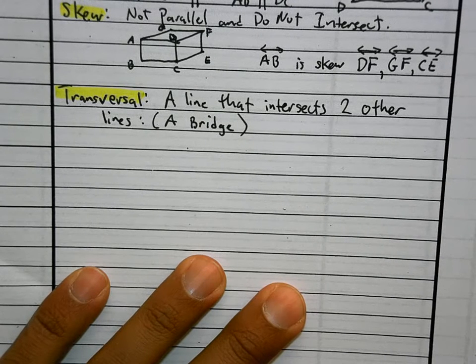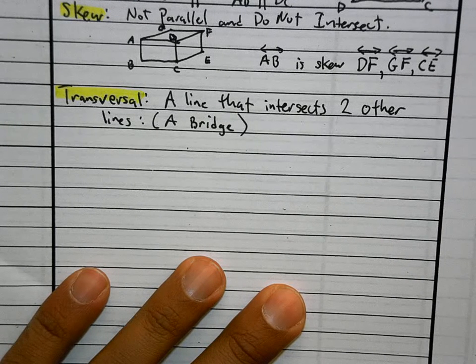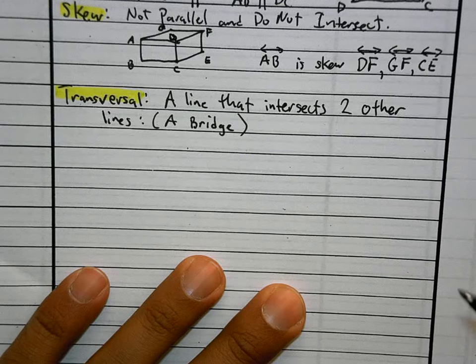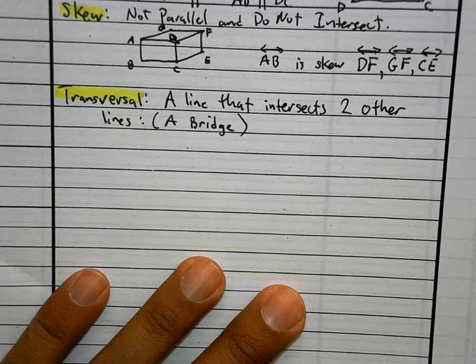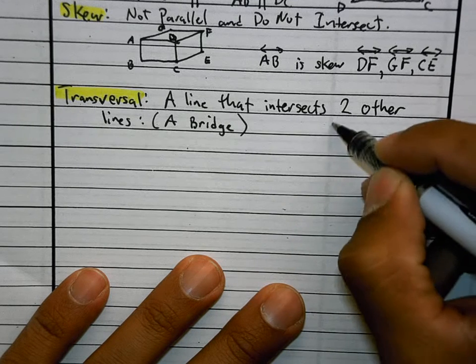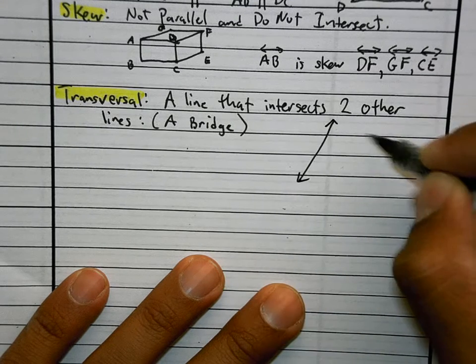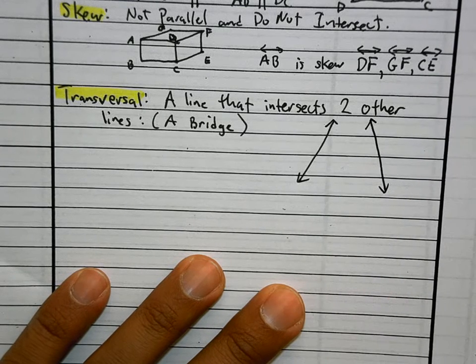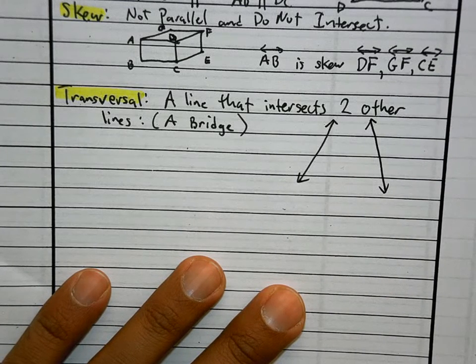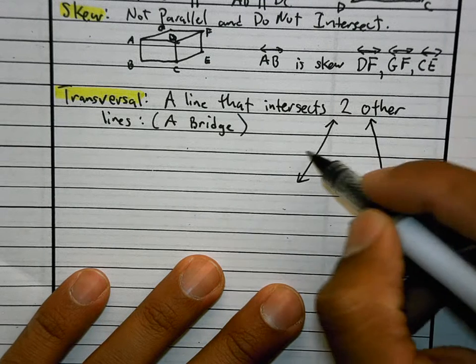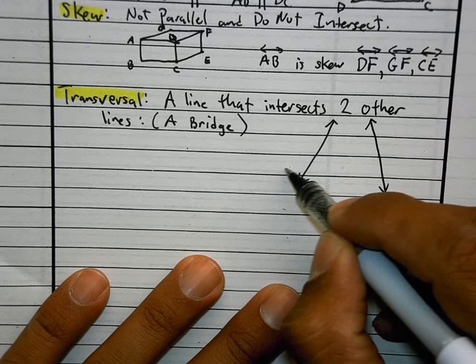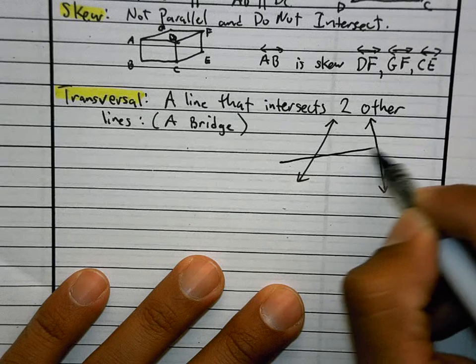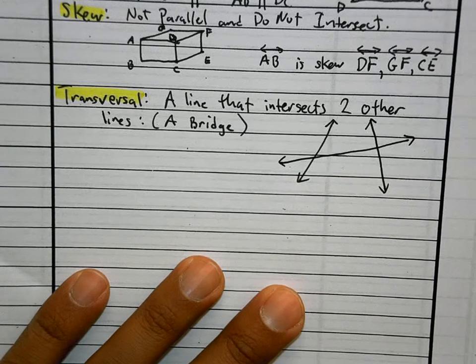So I'm going to draw something here that we're going to use several different times. There's two lines. Here's another line.